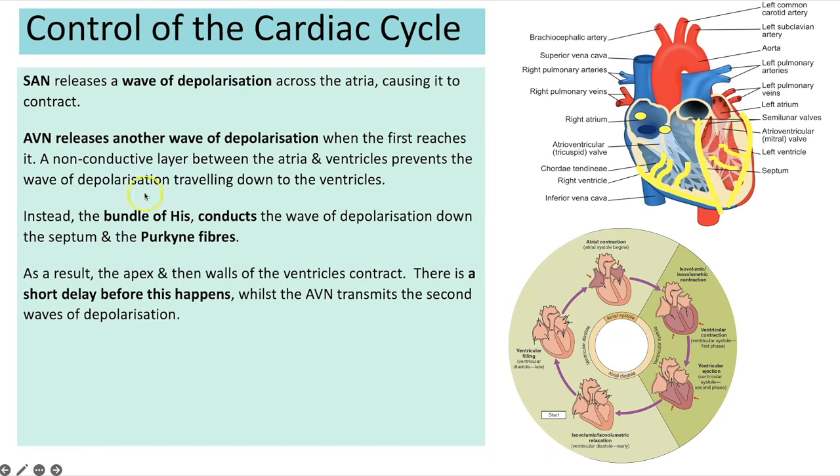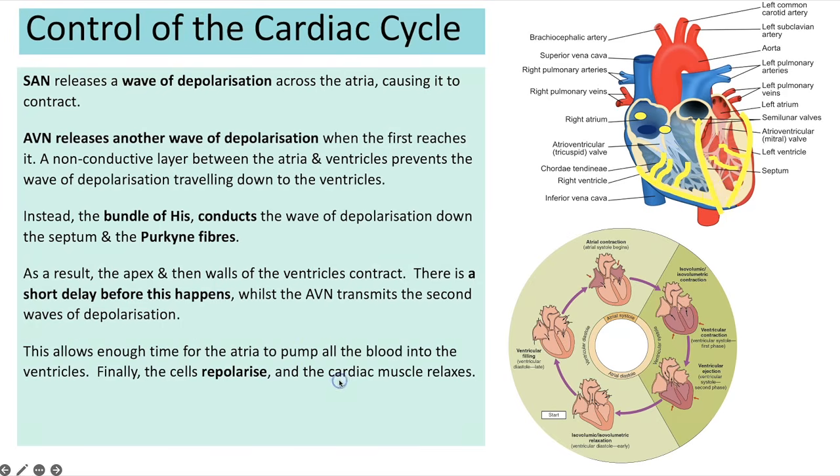And that's what we can see here. Instead of the wave of depolarisation going directly down into the ventricles, it will be picked up by the AVN. The AVN releases the wave, which then goes down the bundle of His, up the Purkinje fibres, and it will cause that ventricular muscle to contract. And the contraction happens at the apex of the heart first, which is the very bottom.